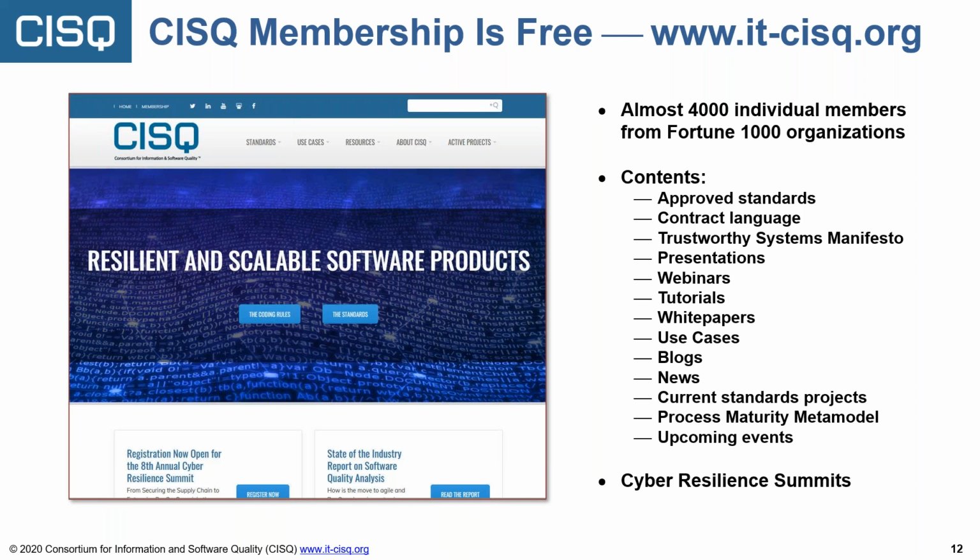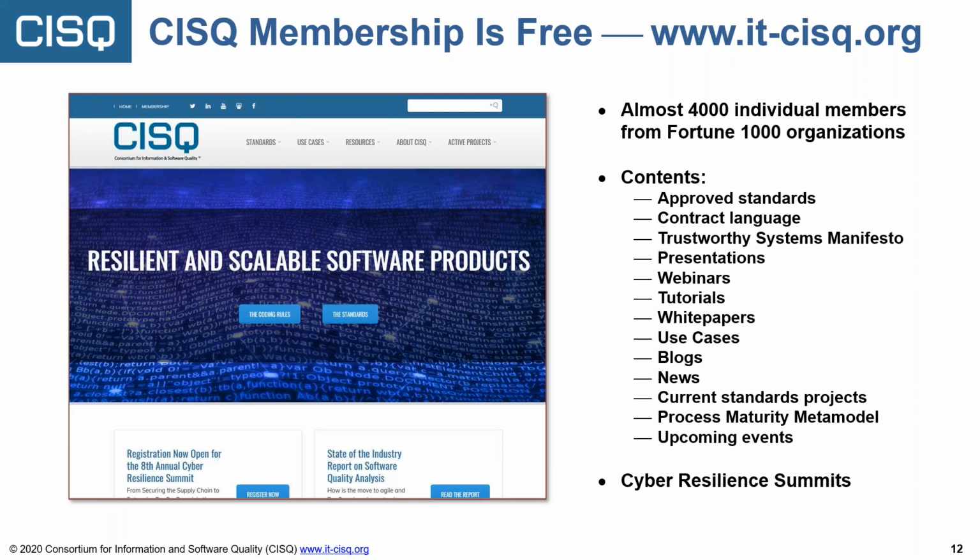And you can see we have all kinds of content available on the website, not only the standards, but contract language for building these kinds of standards into your contracts and service level agreements with your vendors.